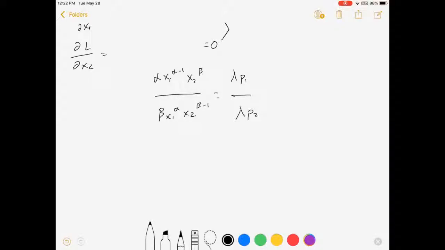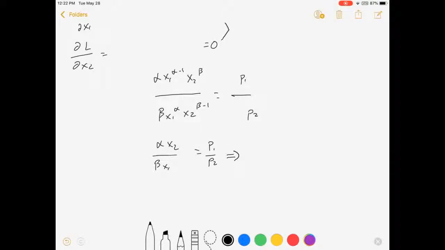Lambda is the same in both, and this is where your marginal rate of substitution equals the price ratio thing that people talk about when we skip the calculus step. We can simplify this a little bit more, and it's going to be alpha x2 over beta x1 equals p1 over p2.